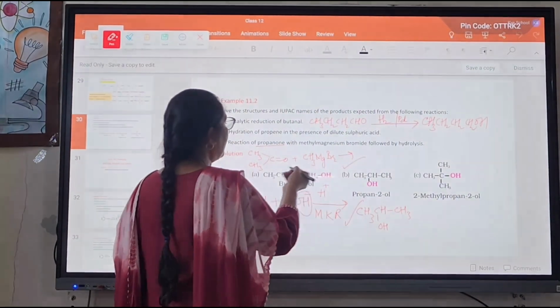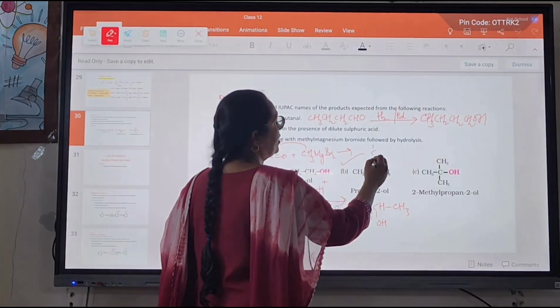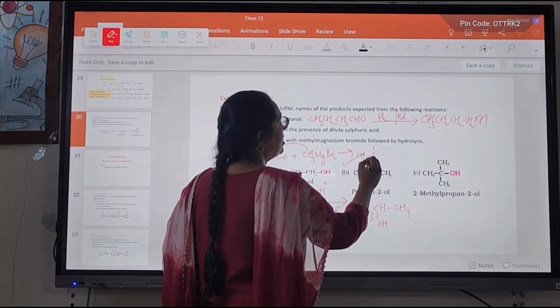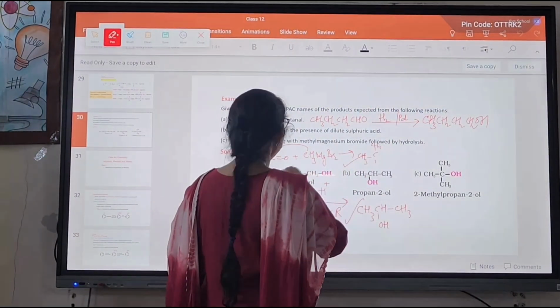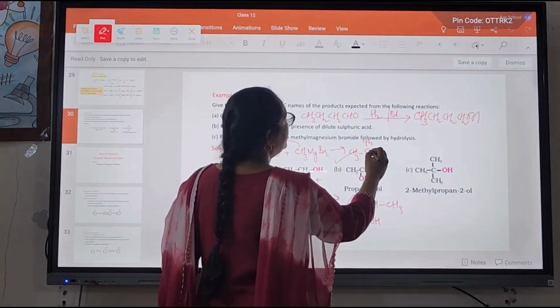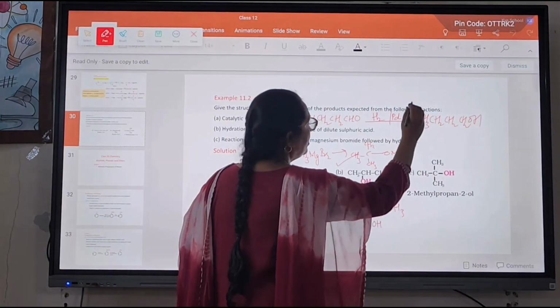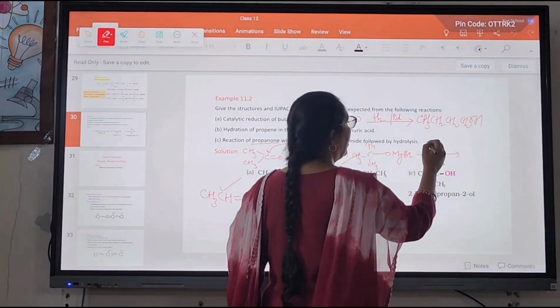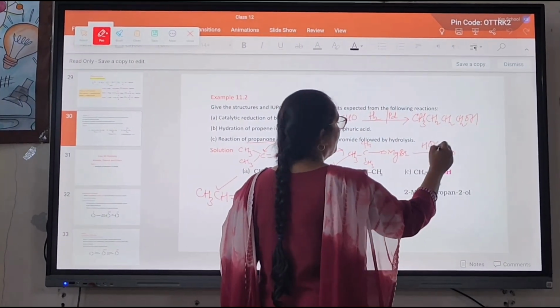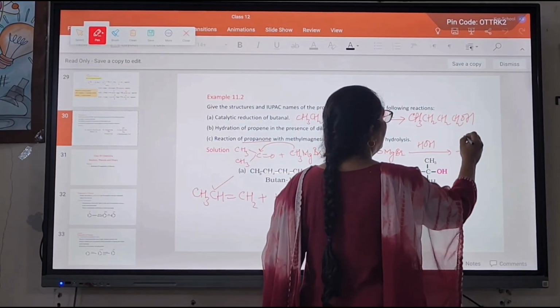It will give an adduct as this part moves to this place, and you will get the adduct, that is CH3, CH3, and this methyl goes to this place and OMgBr. Now it is followed by the hydrolysis and gives the tertiary alcohol.